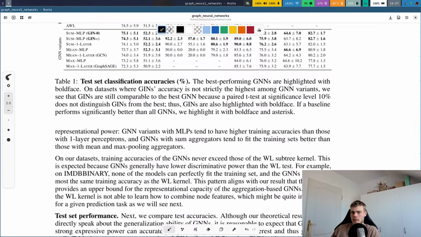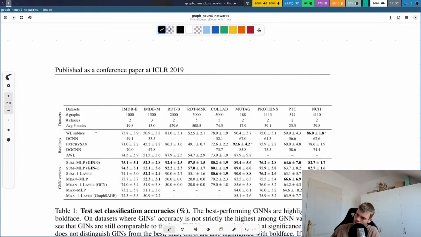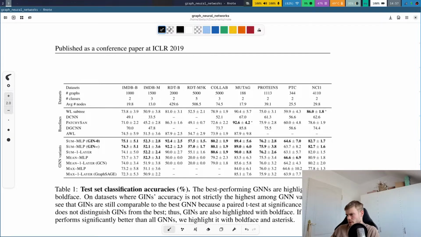So test set performance. I mean, training set performance. I don't even know why they measure this. I mean, it's interesting that, okay. Seems like their network is almost always better, except for the NCI1 and MUTAG, where it's worse than the WL subtree.